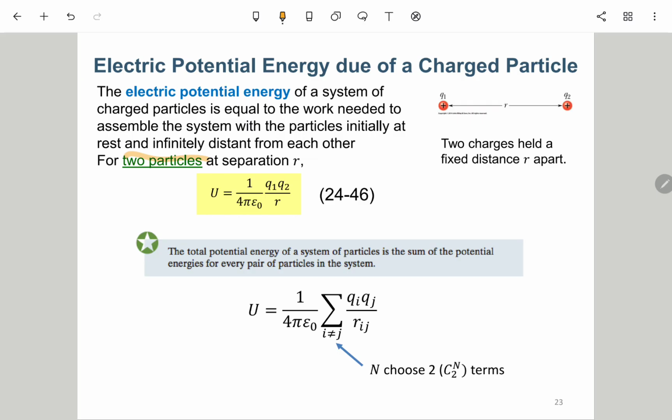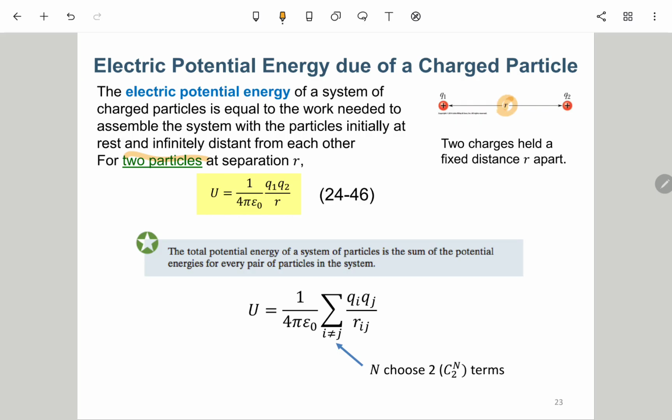There's no potential energy stored there. But when you try to put the other one close, let's say they have a distance r, energy is also a scalar variable, so you don't need to care about the direction.